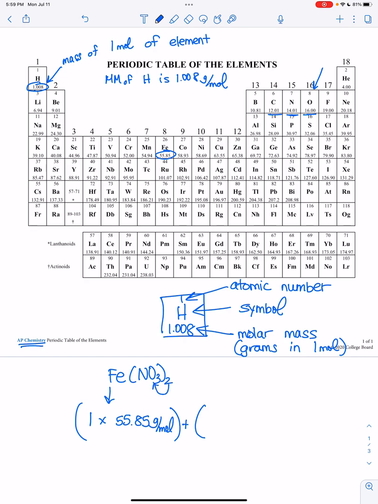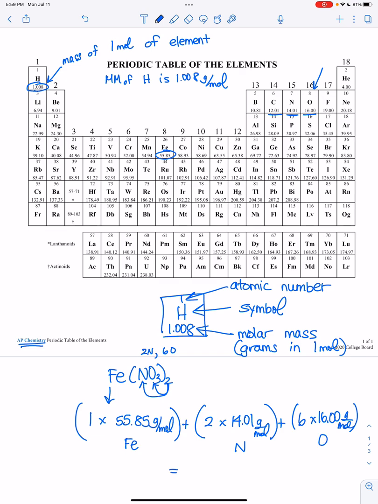And I don't know if it was explicitly shown in previous notes here, but that 2 distributes onto the inside. That means I have 2 N's and 6 O's. So I'm going to have 2 times the molar mass of nitrogen, which is 14.01 grams per mole. So there's my nitrogen. And I'm going to add that to 6 times the molar mass of oxygen, which is 16.